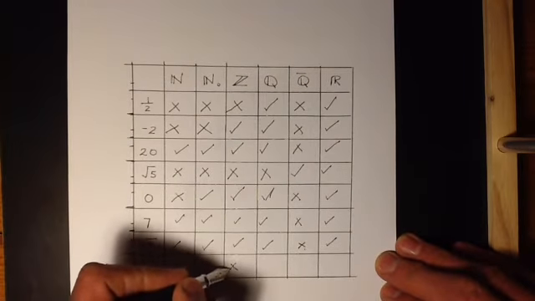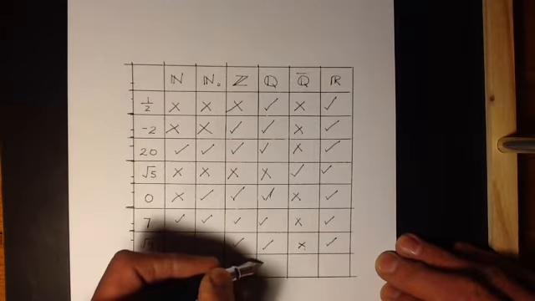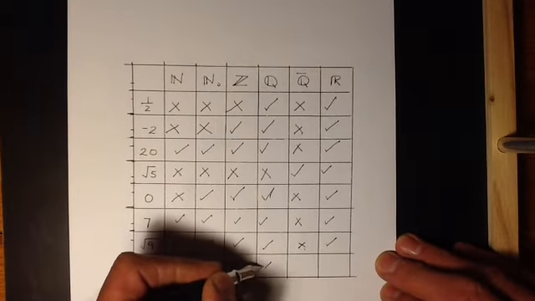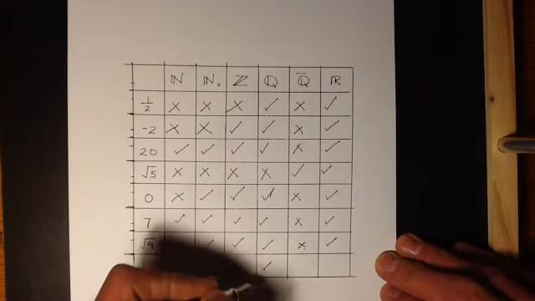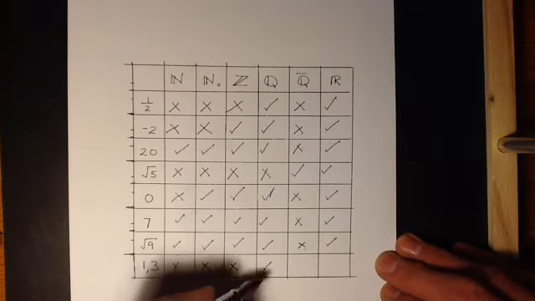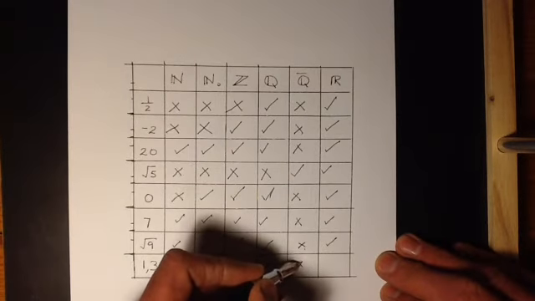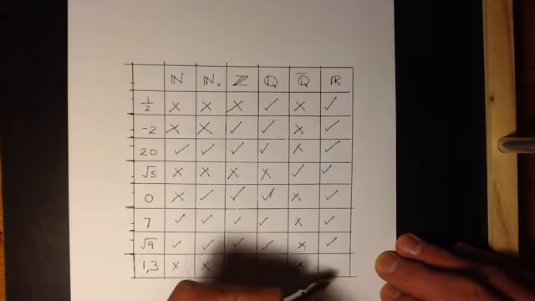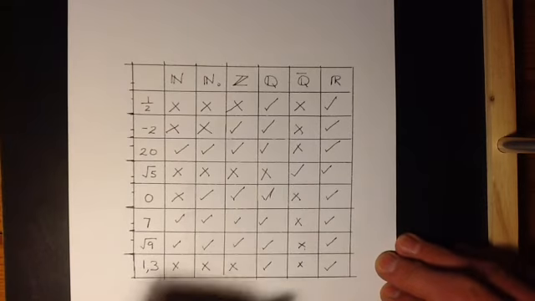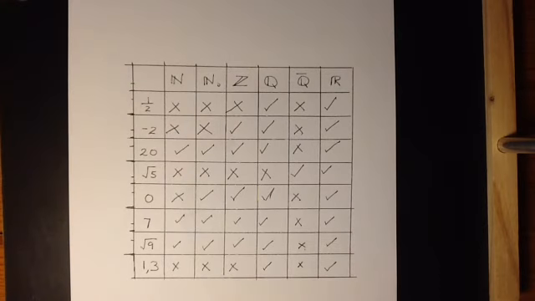It's not an integer. But it is rational, because it's a fraction. It's a decimal fraction. So, therefore, as it's rational, it cannot be irrational, and it's real. Okay, so I hope you're a little bit better at numbers and what set they belong to.